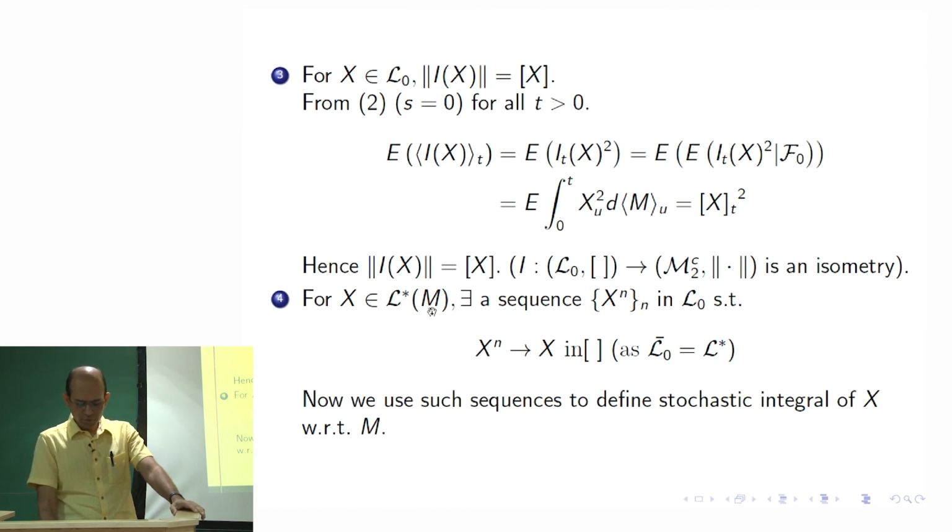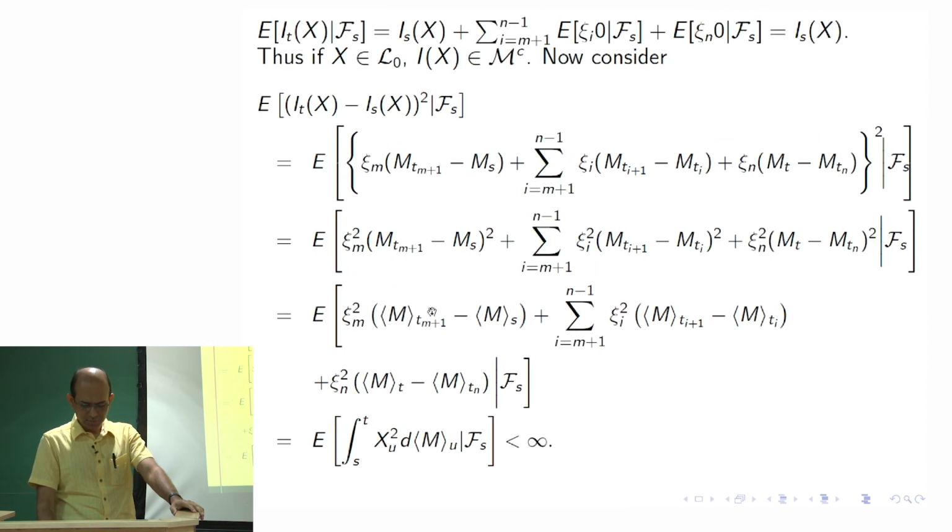Before going to this part, let me clarify that this statement is often referred to as Ito's isometry. Mainly Ito's isometry is quoted for the special case when the martingale is chosen to be Brownian motion.